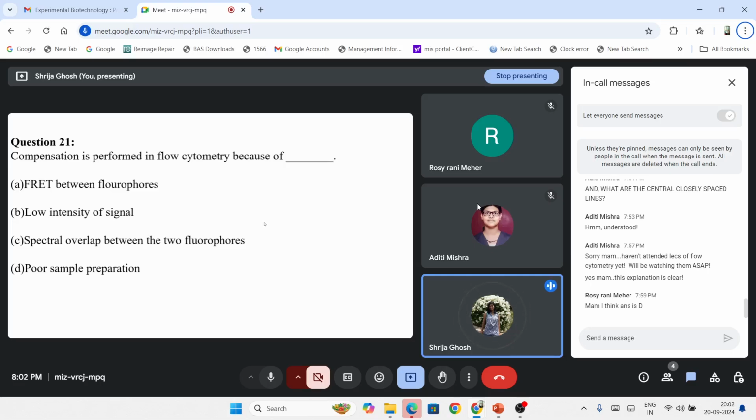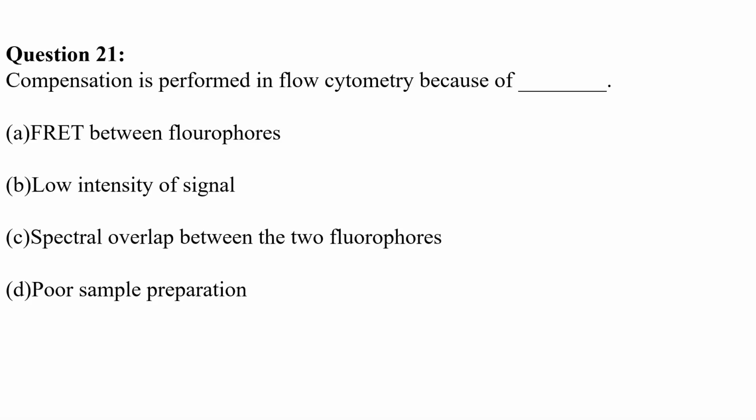Option B, low intensity of signal. Option C, spectral overlap between the two fluorophores, and option D, poor sample preparation. Compensation is again a technique, and I'll directly explain this to you. The correct answer is spectral overlap between the two fluorophores.